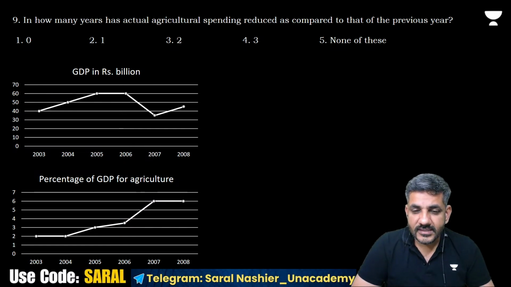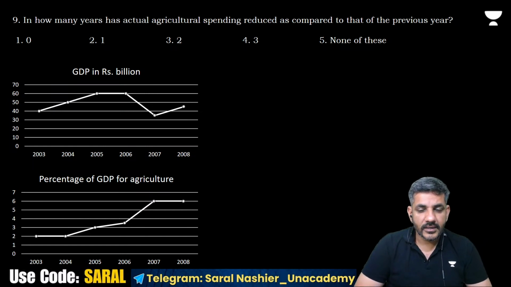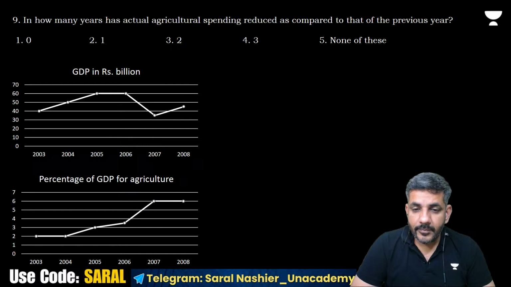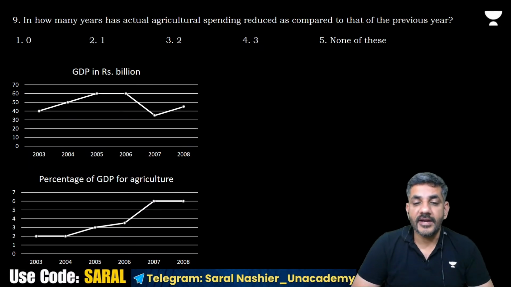Okay, Mayuri has answered as 2. I suppose that means option 3, Mayuri, or option 2? Sahil Patel also got option 2.